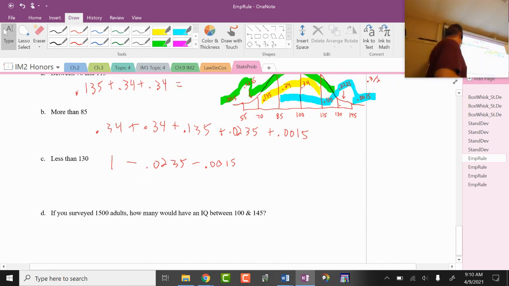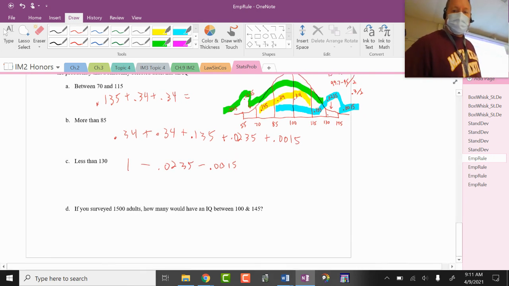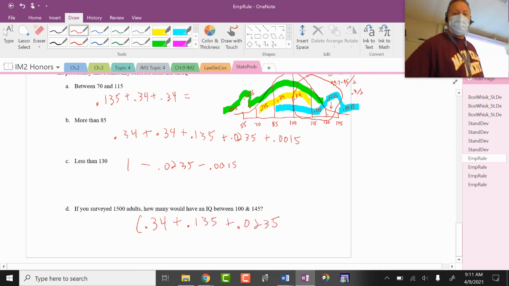Love it. If you surveyed 1,500 adults, how many would have an IQ between? Okay, let me just use a circle for that instead of highlighting that to screw up the other ones. 100 to 145 are these three percentages. So those three percentages are 0.34 plus 0.135 plus 0.0235.